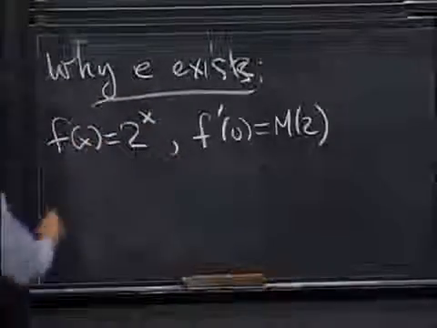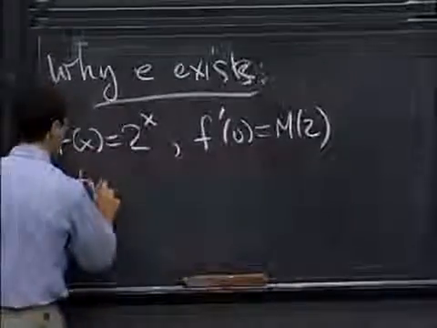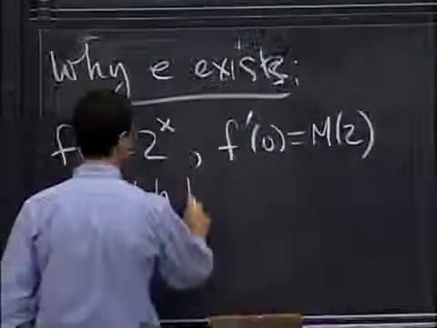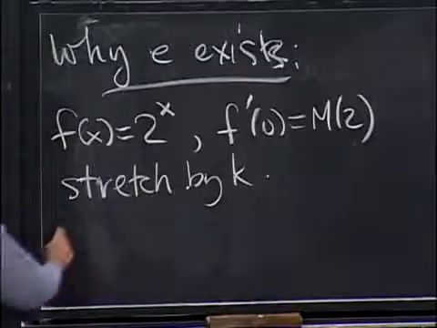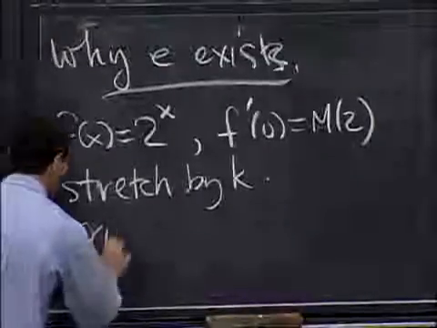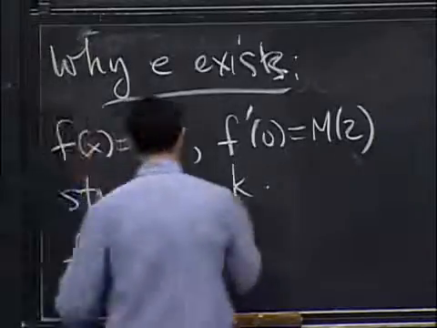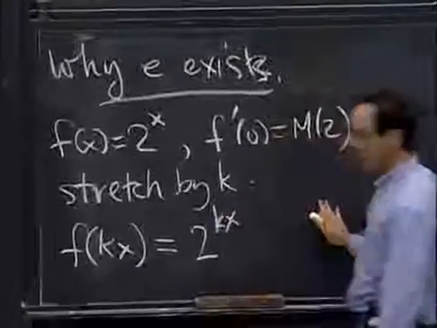So now what we're going to consider here is any kind of stretching. We're going to stretch this function by a factor k, any number k. So what we're going to consider is f of kx. Now if you do that, that's the same as 2 to the kx, right?